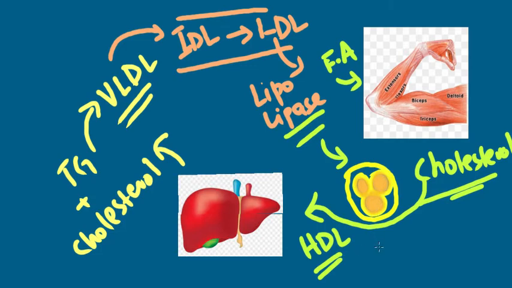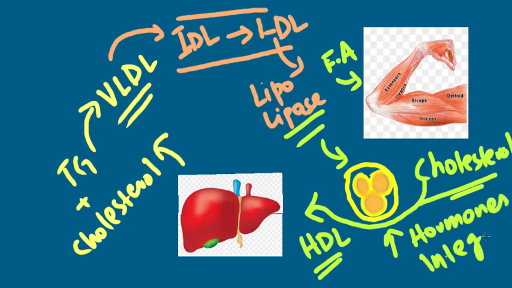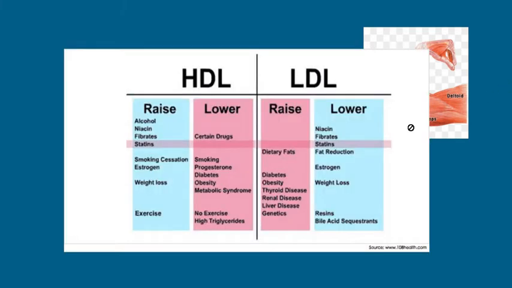And this cholesterol is used for making hormones, carry out the integrity of cell. ठीक है, different types of cell surfaces. ठीक है, this is the metabolism of your HDL, LDL, IDL, and your VLDL. ठीक है, so I hope you get that. The important thing is कि भाई you need to know why HDL is called a good cholesterol and why LDL is called bad cholesterol, because of the reasons.